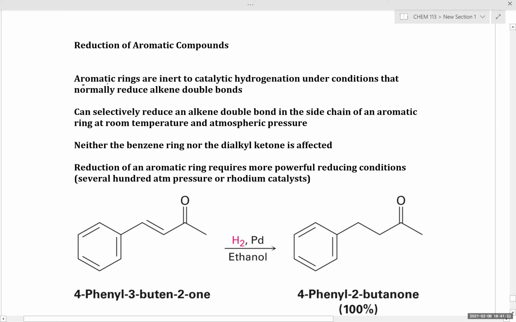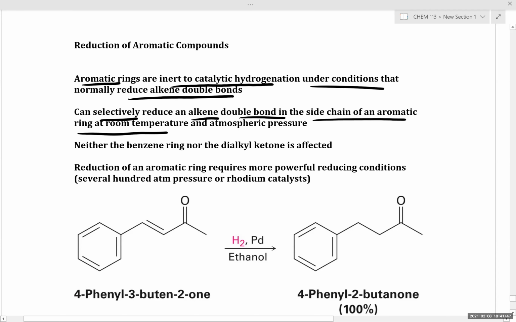So the actual aromatic ring is typically inert to catalytic hydrogenation under conditions that normally reduce alkene double bonds. Thus, you can actually selectively reduce an alkene double bond in the side chain of an aromatic ring at room temperature. Neither the benzene ring nor the alkyl ketone is affected.